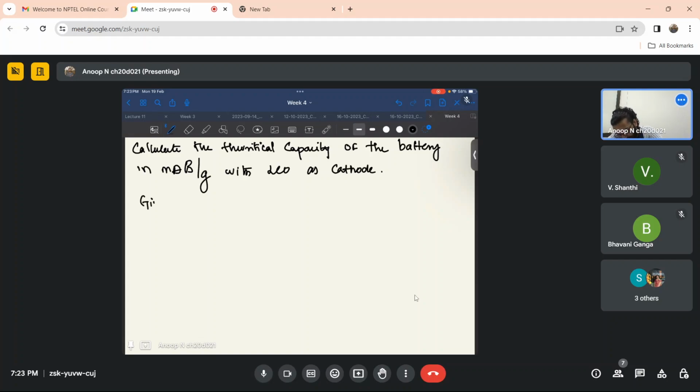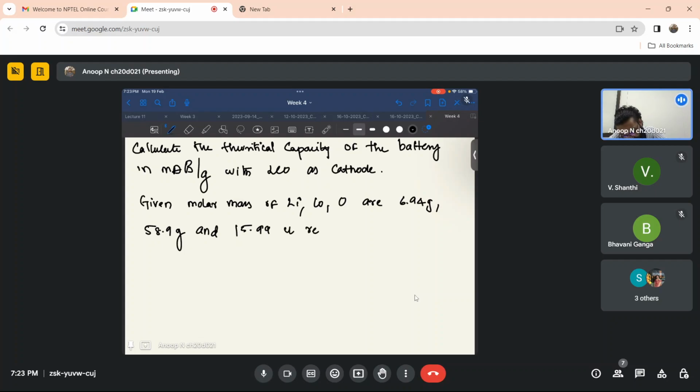Given molar mass of Li, cobalt, and oxygen are 6.94 gram, 58.9 gram, and 15.99 units respectively.